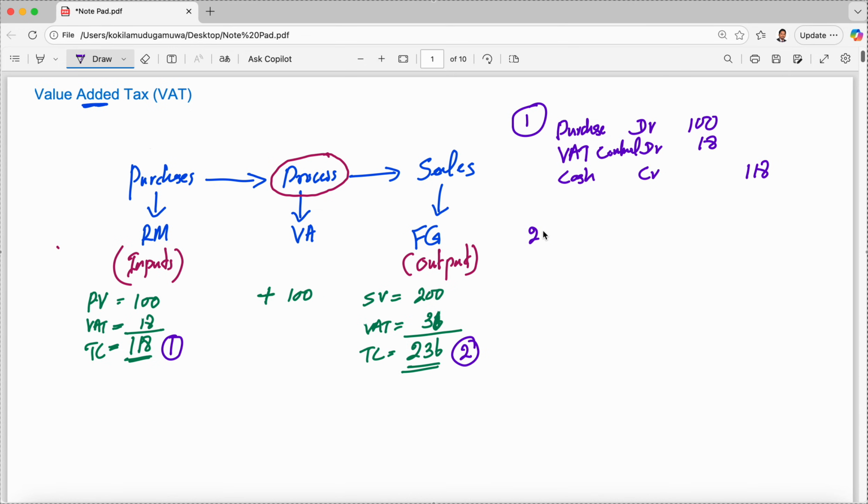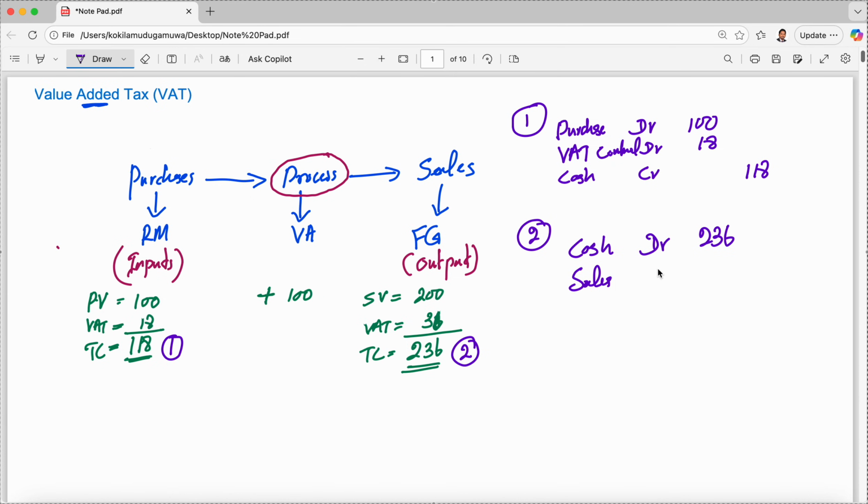So then let's come to transaction 2, when you are making sales. Then you will get cash, debit your bank account or cash 236, and then you will record revenue or a sale.